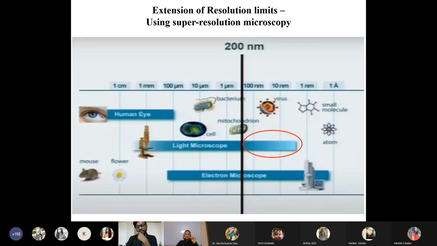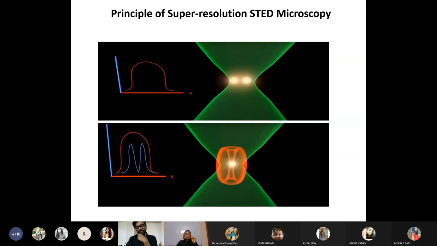So previously it was perceived as an impossible task, but with the advent of super resolution or STED microscopy, you can figure out two different objects placed within the 200 nanometer space.